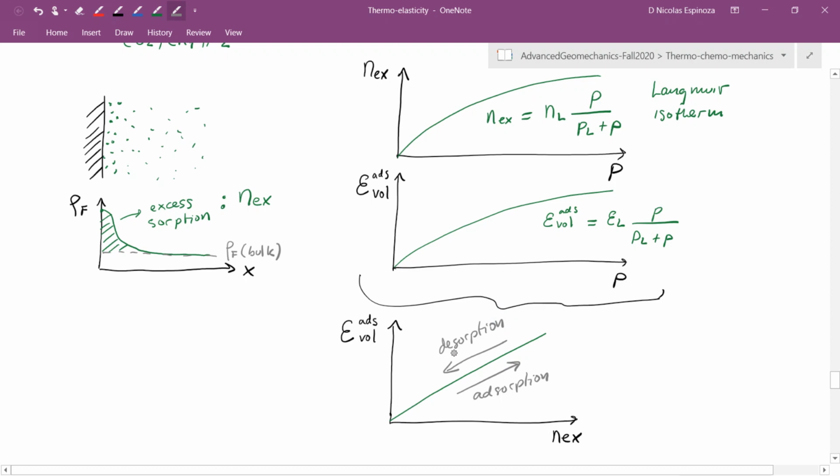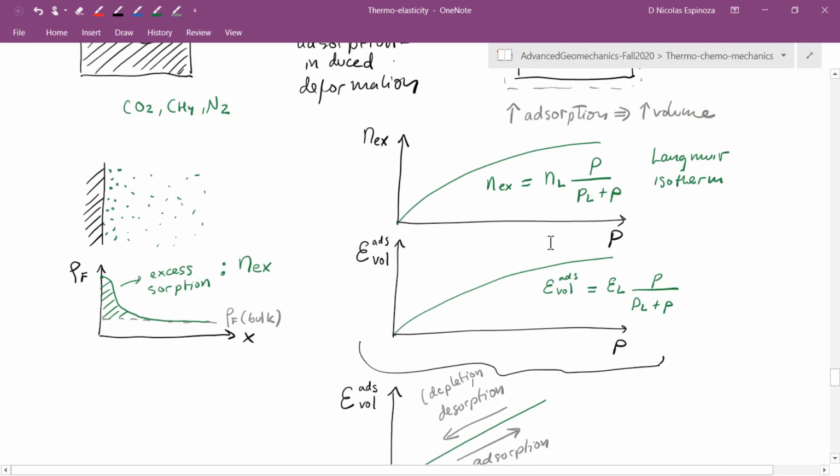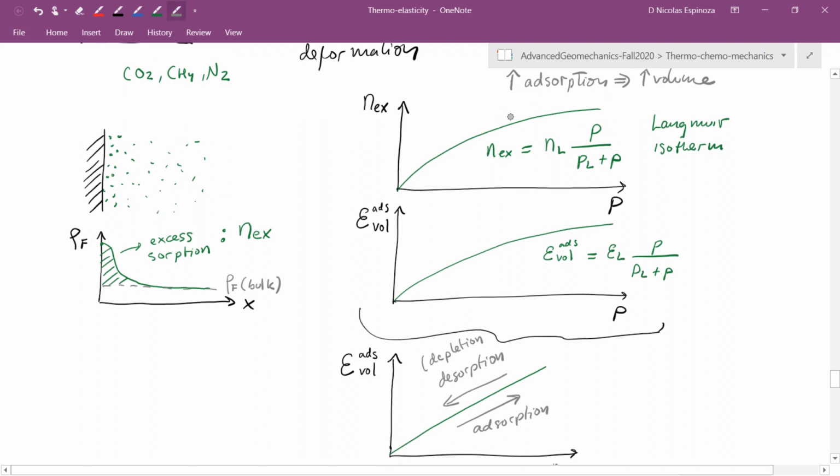A process of desorption is what would happen, for example, with reservoir depletion. Why? Because we are lowering the pressure in reservoir depletion, so that causes desorption. So let me add the arrow here for desorption, because that's what we're going to study now. Desorption will go this way.